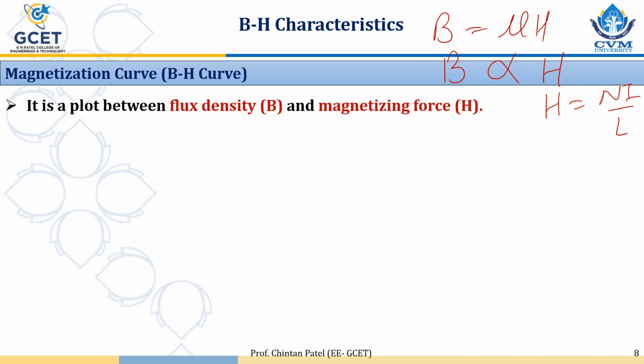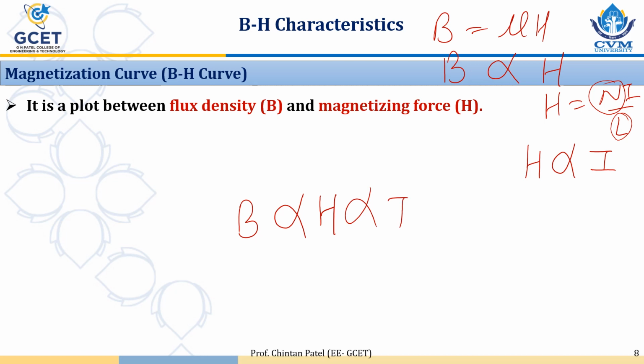Now in this equation, N i upon L, N is number of turns and L is length of the magnetic circuit, and both are constant. So we can write H is proportional to current I. If we club all these relations, then B is proportional to H and H is proportional to I. This is the sequence.